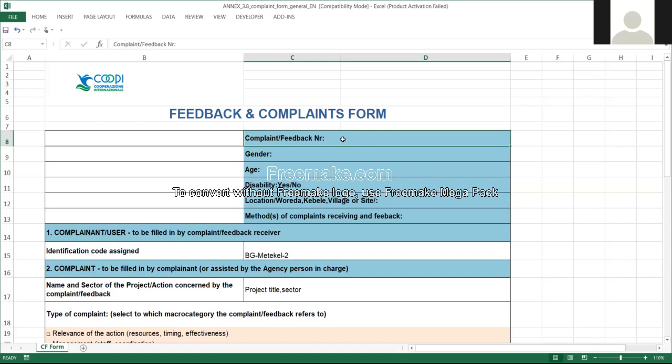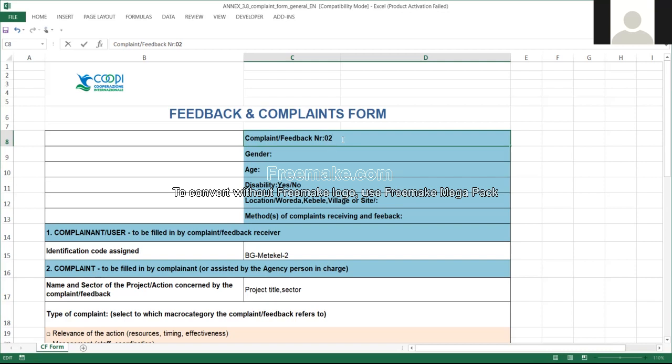Just write the complaint or feedback number. For example, 01 or 02 or 03. When you write complaint number 03 or 02, you know there was another complaint before this one. So you can use this as a serial number of your complaints. You received one before, and this one may be the second.